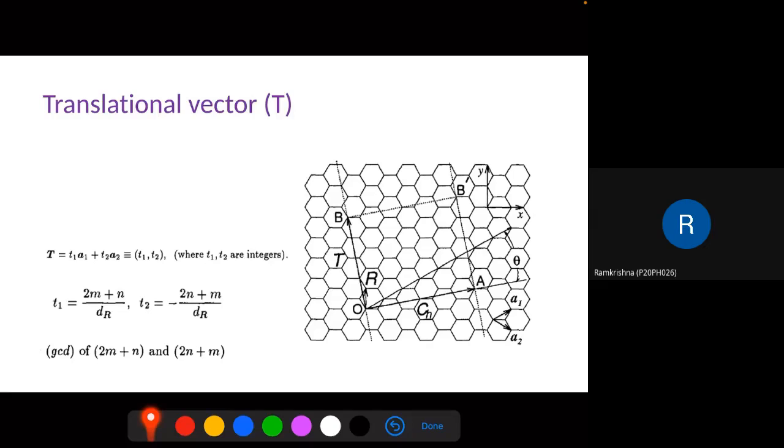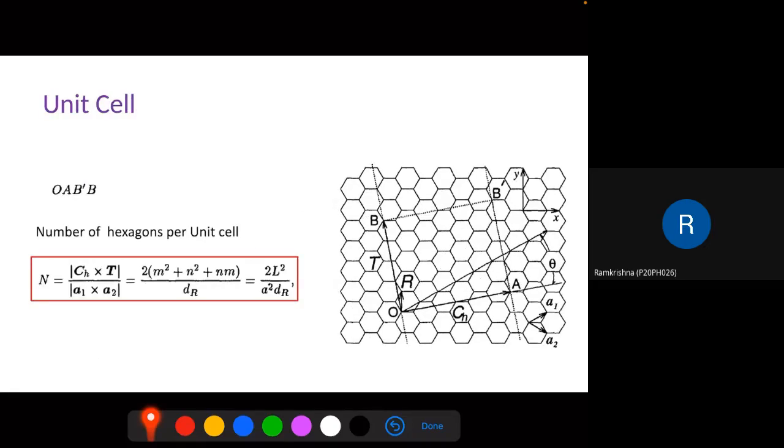So one can also calculate. The chiral vector defines the diameter, and t, the translation vector, defines the length, right? So that is the length of your tube.